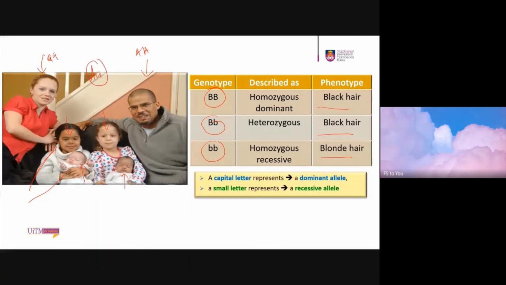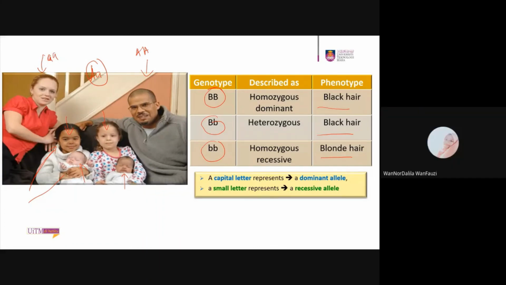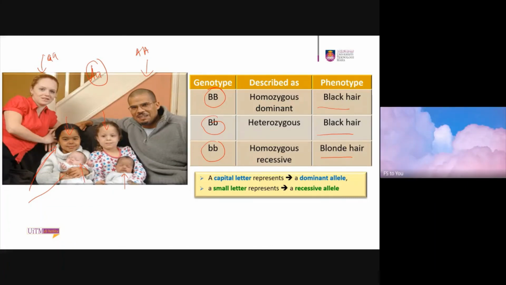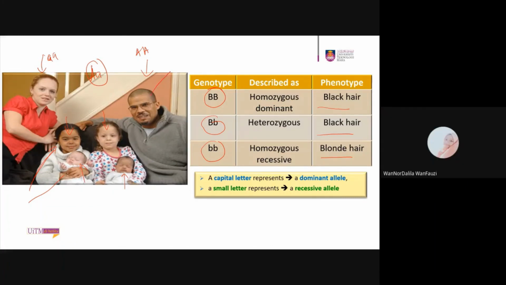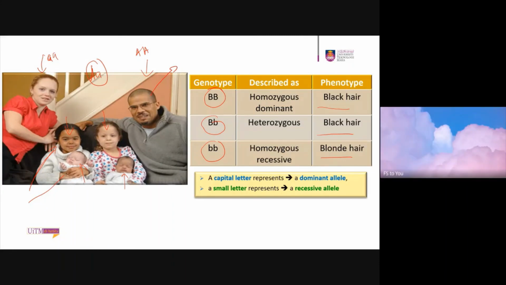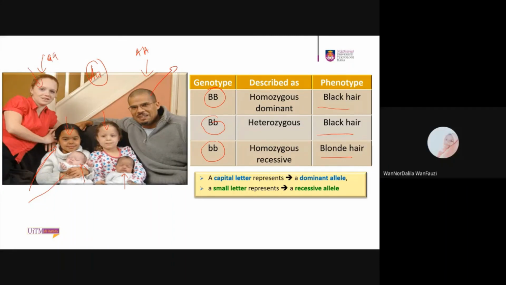Macam mana dia boleh hasilkan anak twins yang ada different skin tone? Sebab bapak dia heterozygous, mak dia homozygous recessive. Betul. Okay.